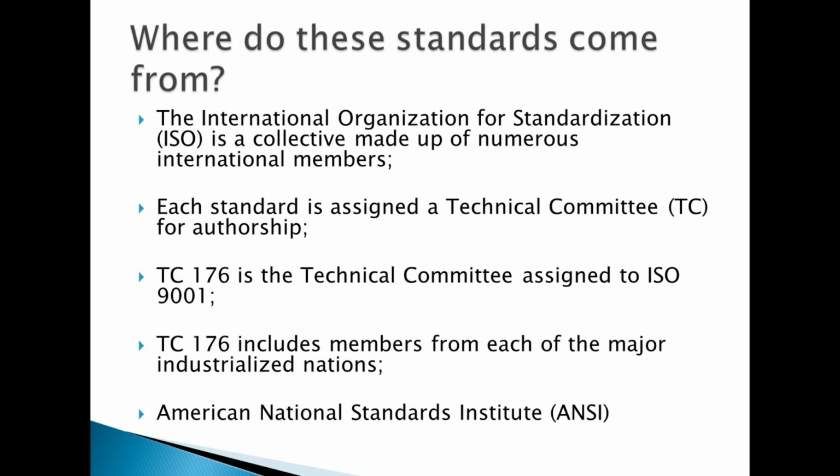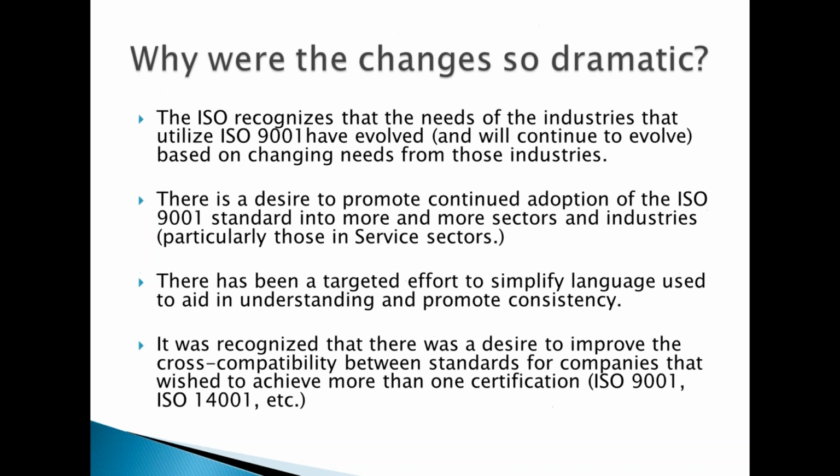Now, each of the standards that is written by the ISO is assigned to a technical committee. In the case of ISO 9001, that technical committee was TC 176. TC 176 itself also includes members from each of the major industrialized nations. And here in the United States, our representation came from the American National Standards Institute, or ANSI.